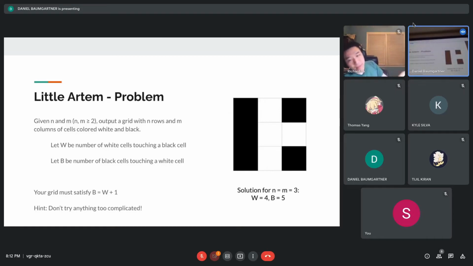Oh, and touching is defined as just cardinal direction, so it's an edge, not corners.